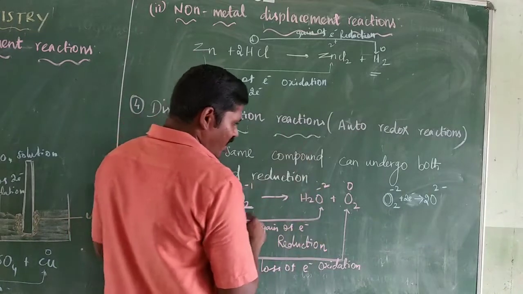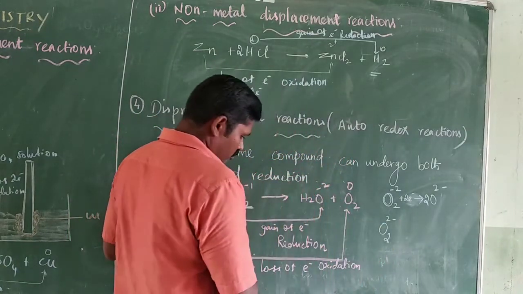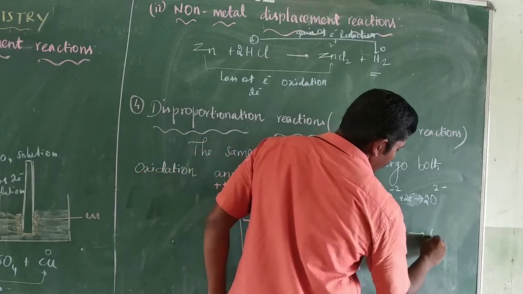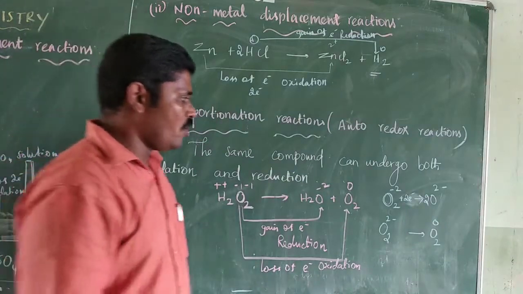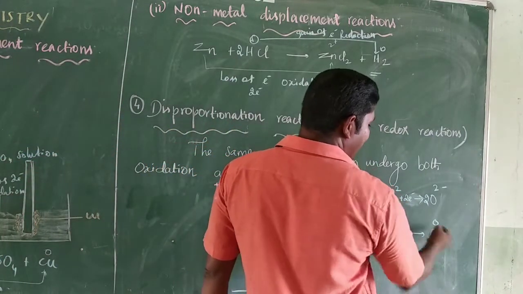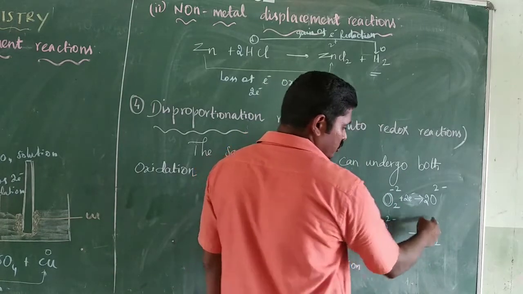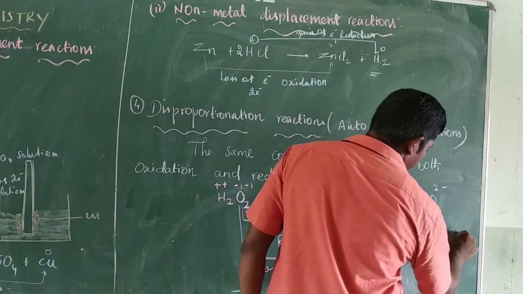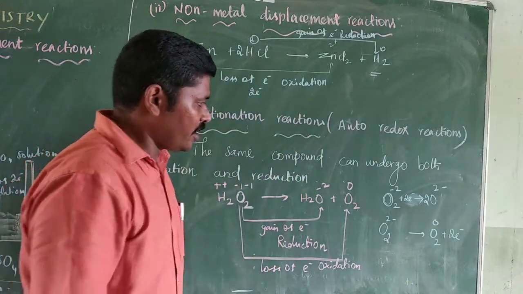The same element, in O2 2 minus, goes to O2, which is 0. Gain of electron, loss of electron: oxygen 2, charge minus 2 to 0, so a loss of 2 electrons.